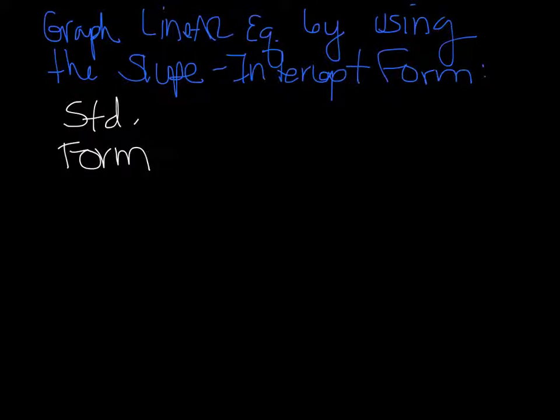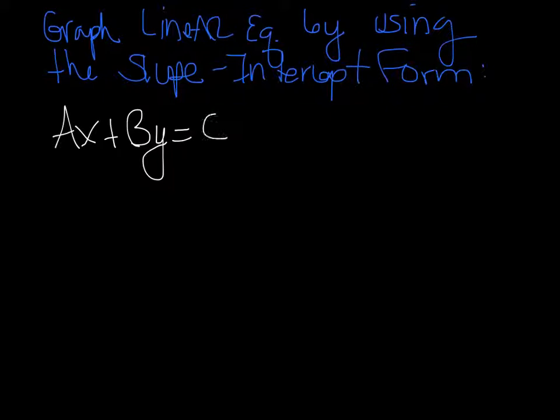Actually, let me just erase that really quick. Okay, the standard form, remember, was ax plus by equals c, right? This is the standard form that we've been working with, where you find intercepts.